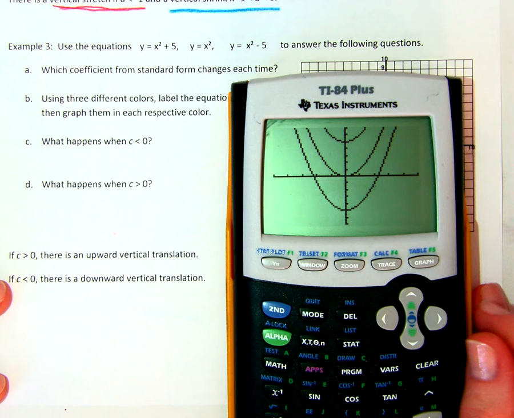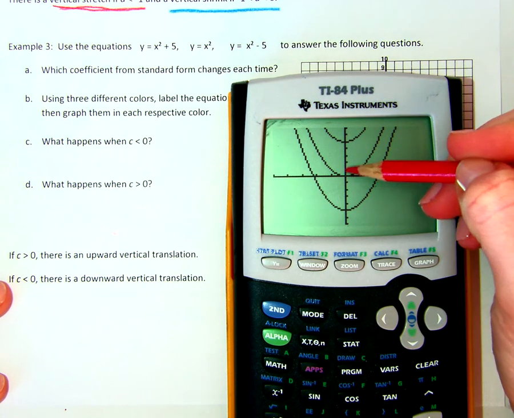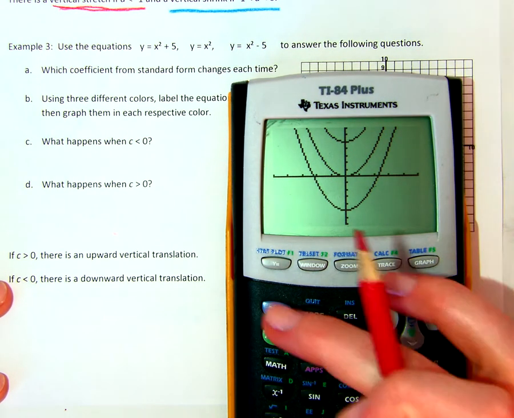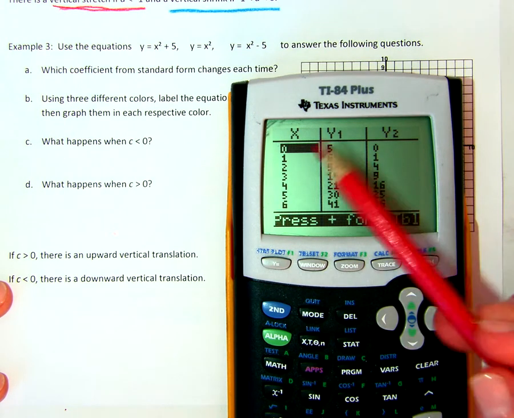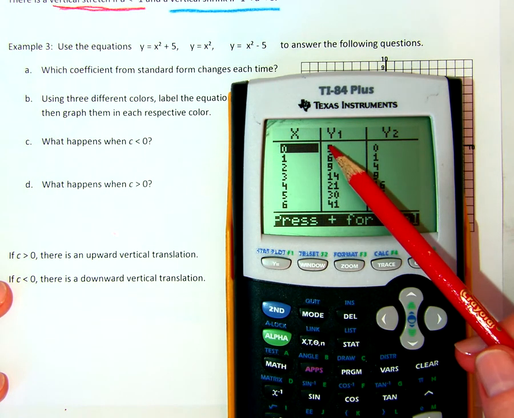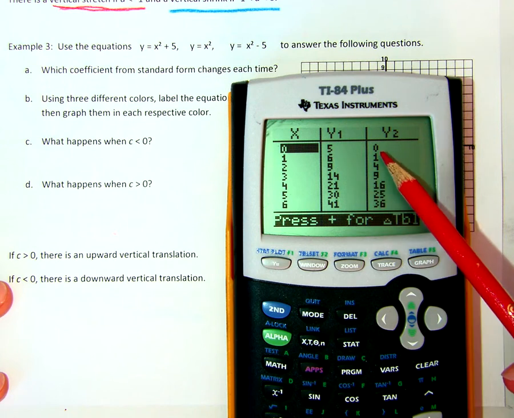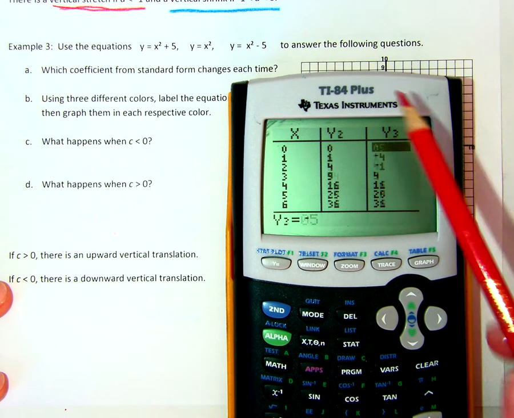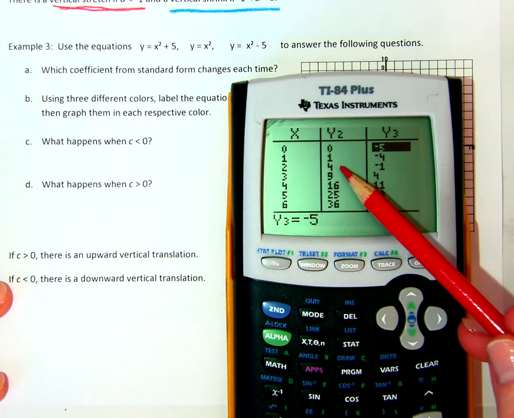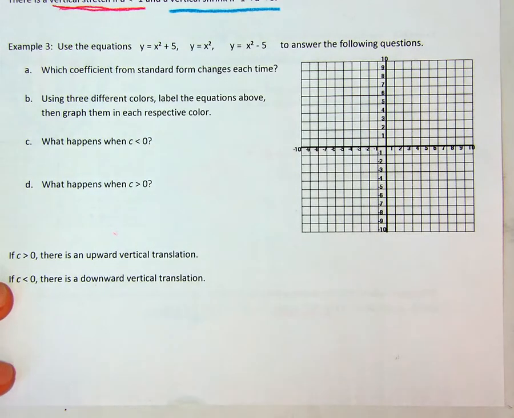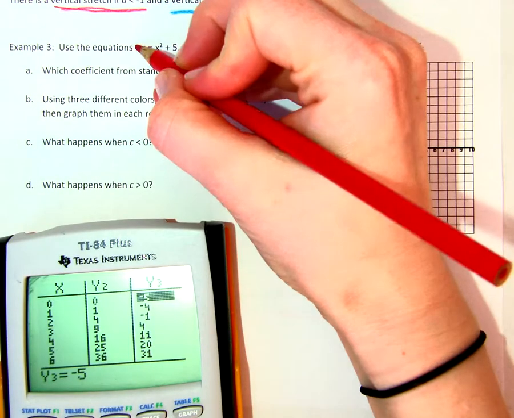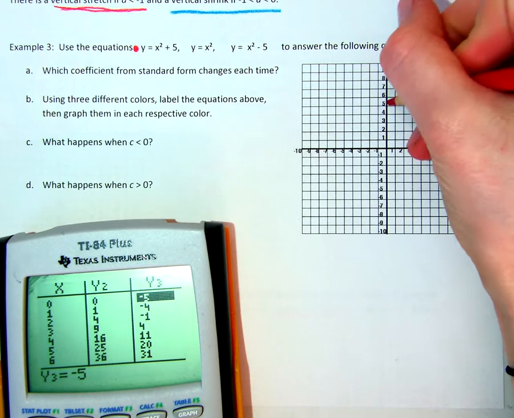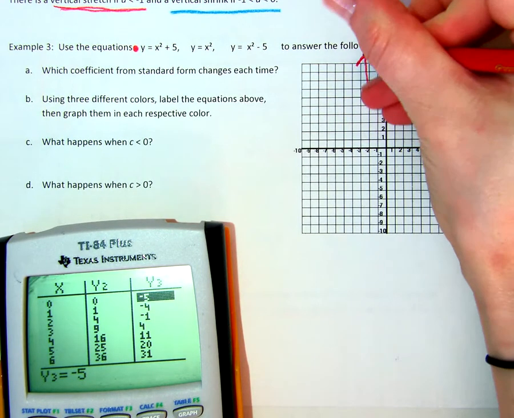All right, what do we notice? It might also be easier if I look at the table. When x is 0, y is 5, 0, and -5. So these graphs, and I didn't label mine already like I should have, this graph started at +5.